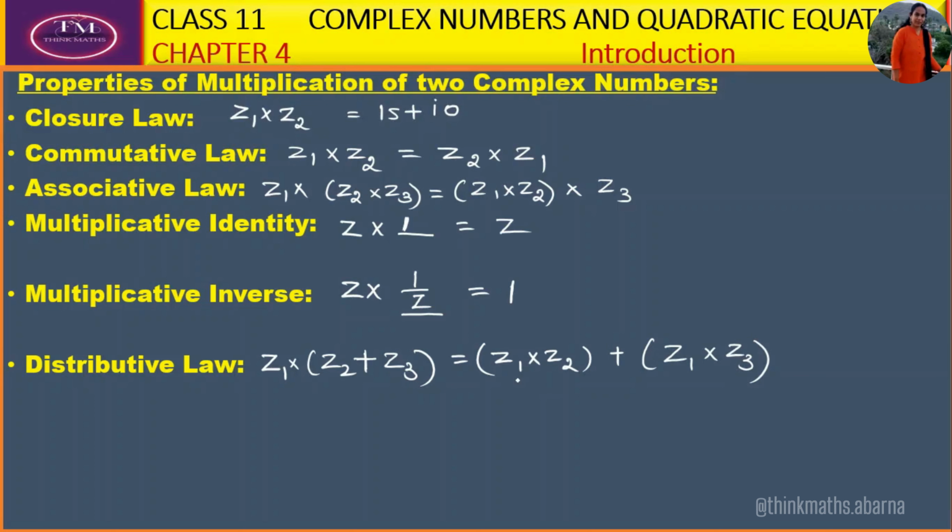What do you mean by that? Multiply Z1 and Z2, keep that answer. Multiply Z1 and Z3, keep that answer. Then add both the answers. It will be equal to the left hand side. That is called distributive law. Clear, children? So moving on to the next topic.